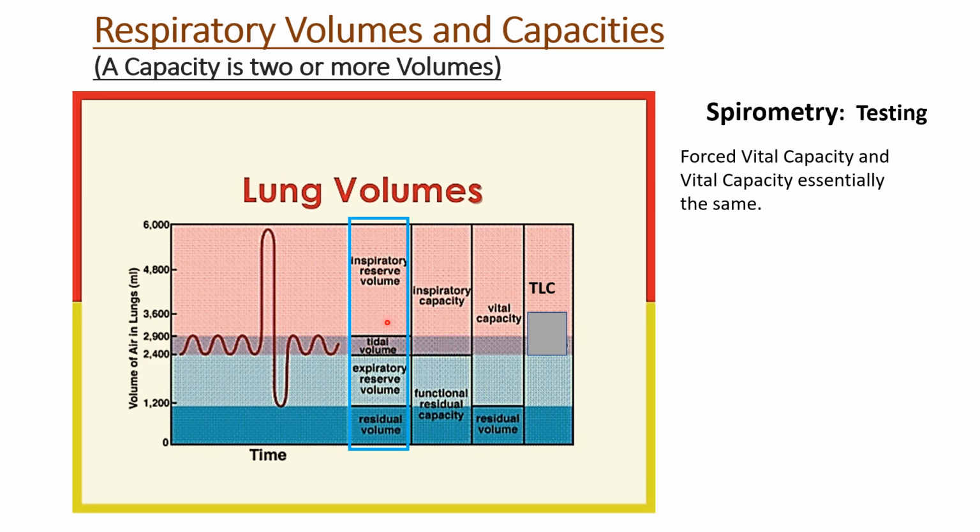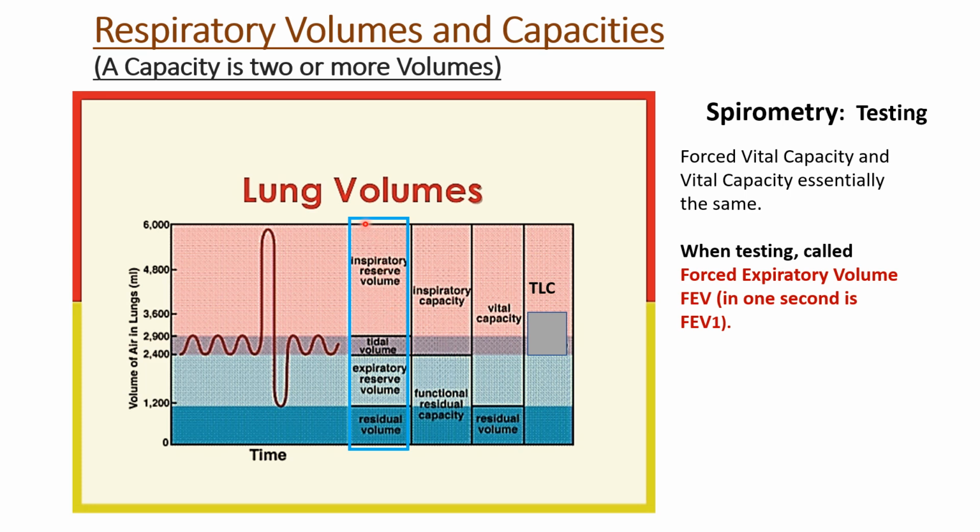If you breathe in deeper than that, you can breathe in a couple of liters more. That's called inspiratory reserve volume. And anything below normal tidal volume that you breathe out is called expiratory reserve volume. And you do hit a limit here. You can see that's a little more than a liter out beyond normal tidal volume.